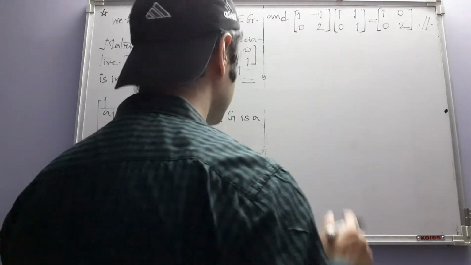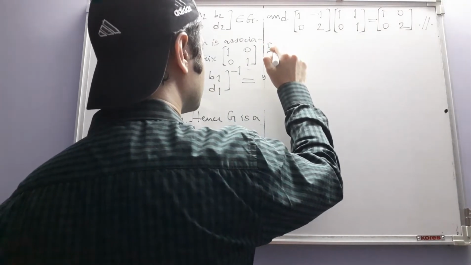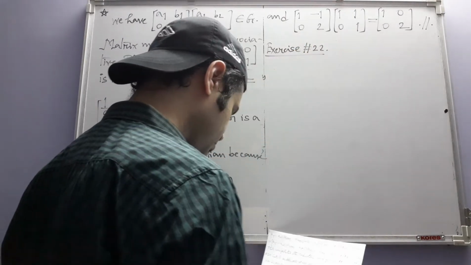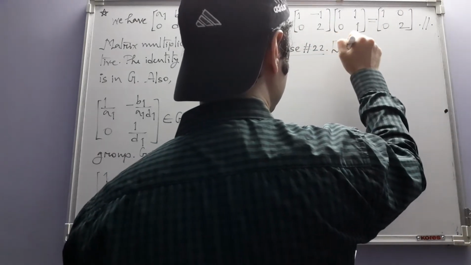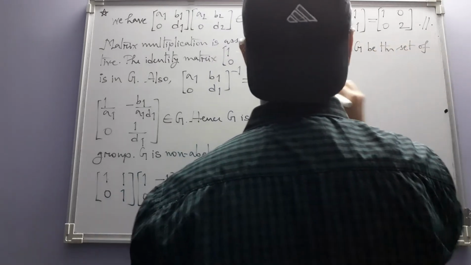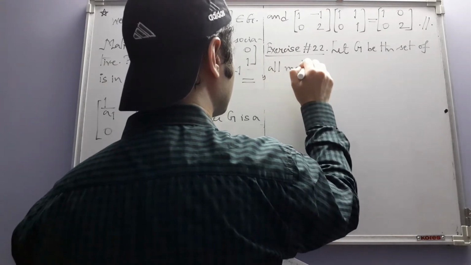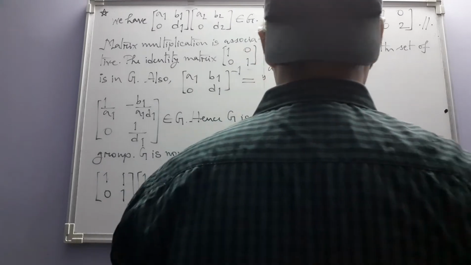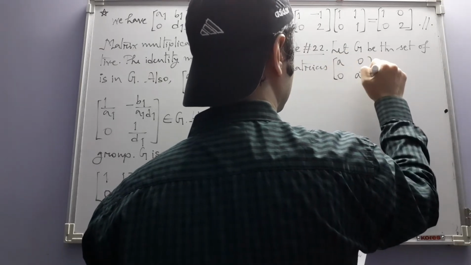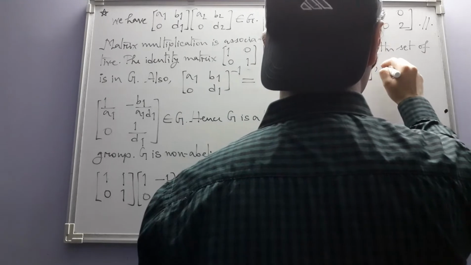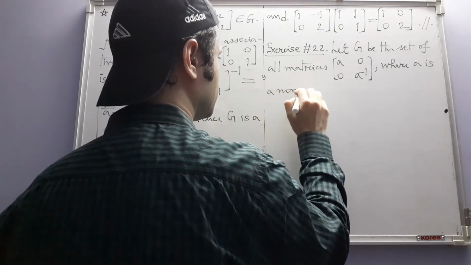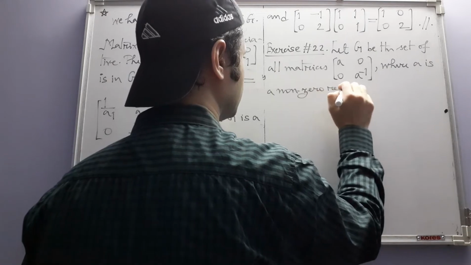This was 21. Next, 22. Let G be the set of all matrices A, 0, 0, A inverse, where A is a non-zero real number.